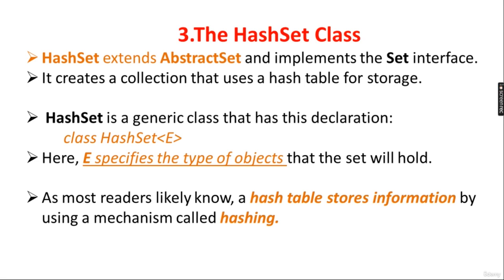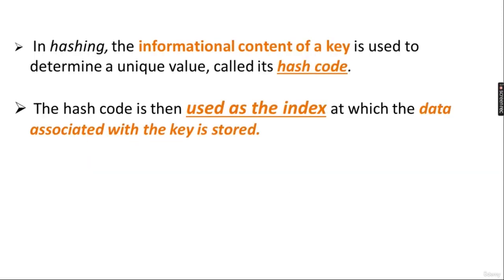As most readers likely know, a hash table stores information by using a mechanism called hashing. The hash table will store information after the hashing operation is performed. In hashing, the informational content of a key is used to determine a unique value called a hash code, and that hash code will determine the particular location's value.